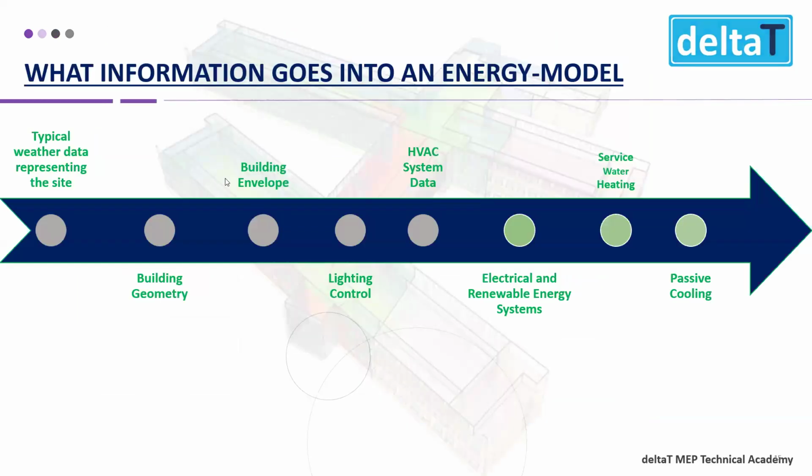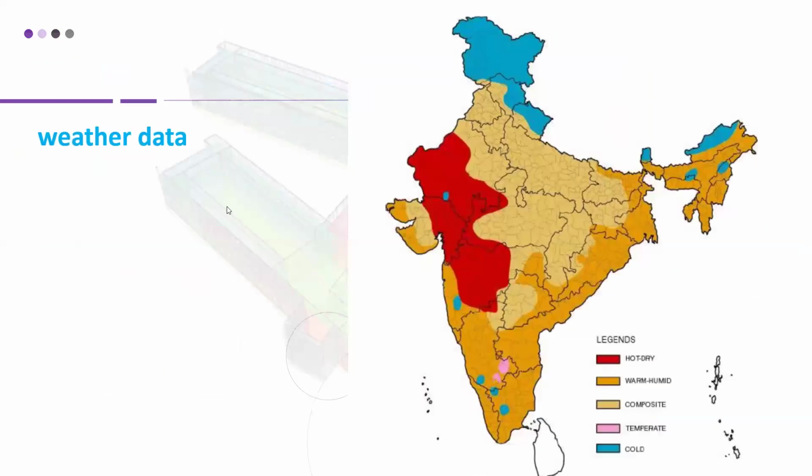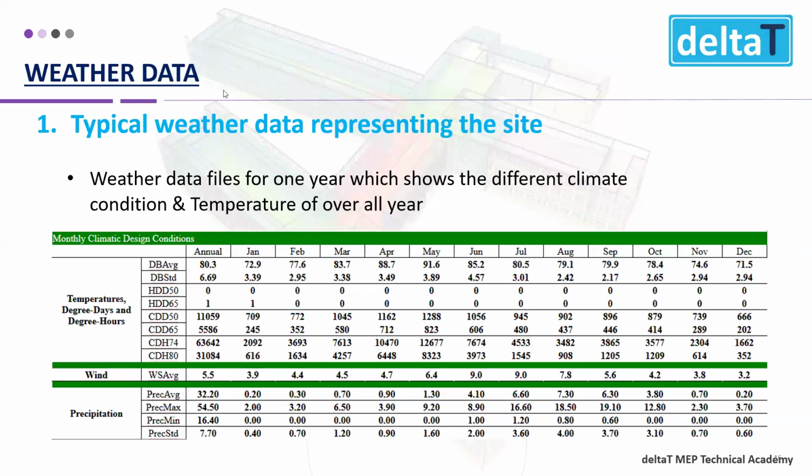So you can see here the first thing is weather data. Now what is weather data? In weather data, we should know the temperature from January to December. Usually in HVAC system, we design based on peak load. Peak load means maximum temperature.